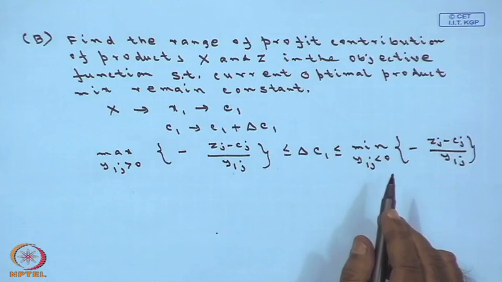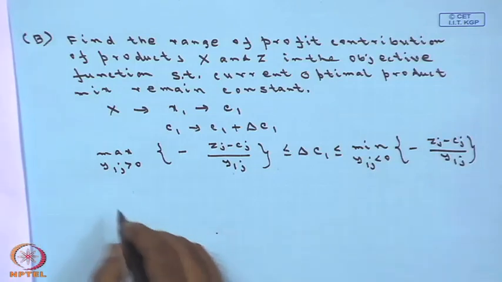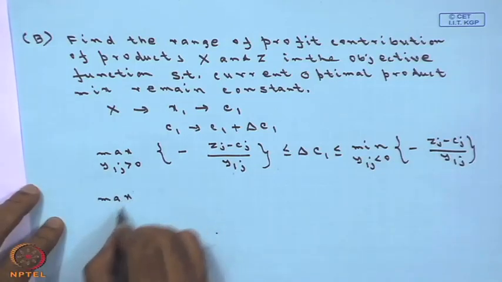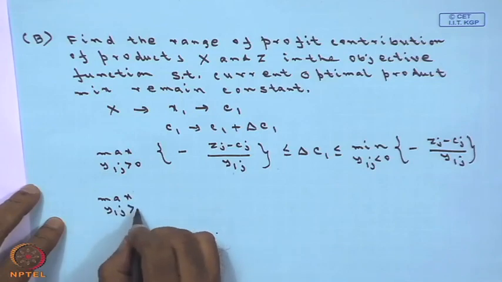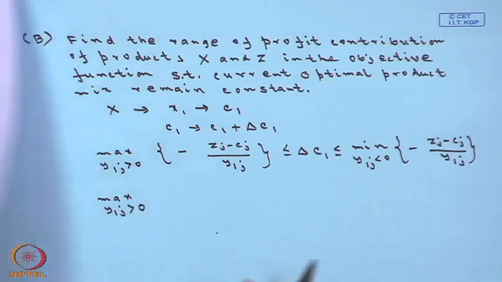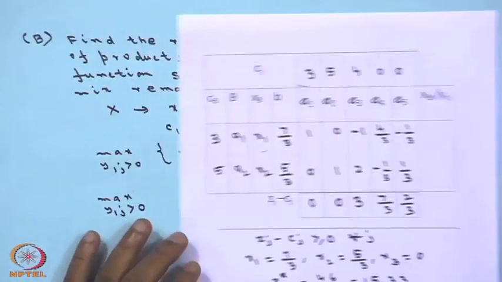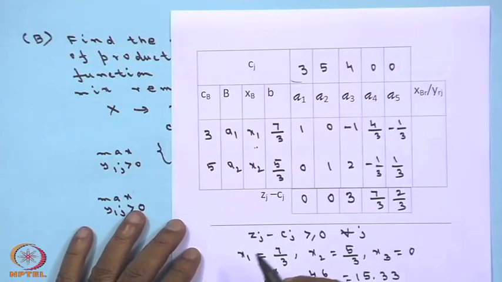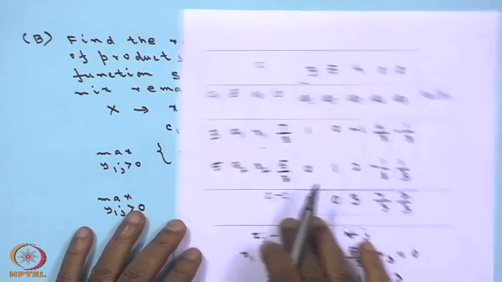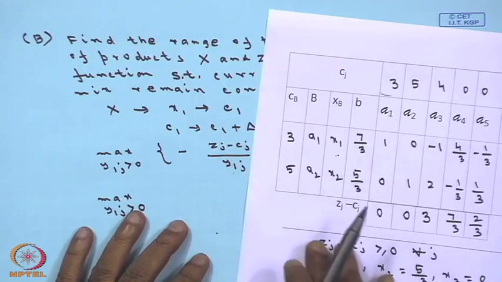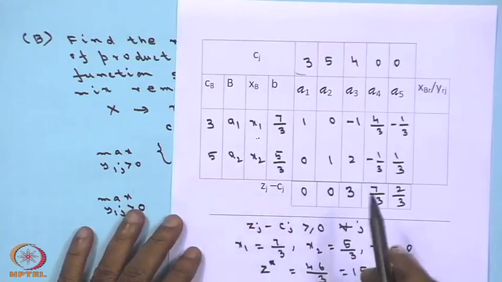Now, how will you calculate it from here? You see the maximum for y 1 j greater than 0. You see the optimal table. Your formula is z j minus C j divided by y 1 j for C 1.